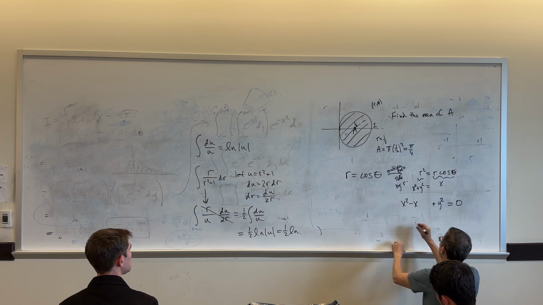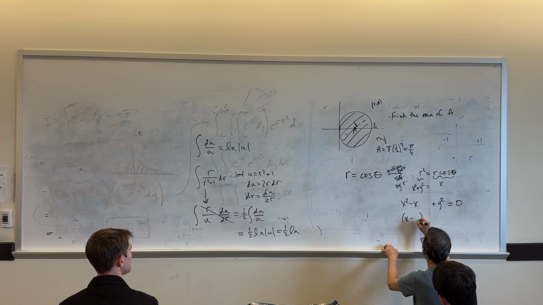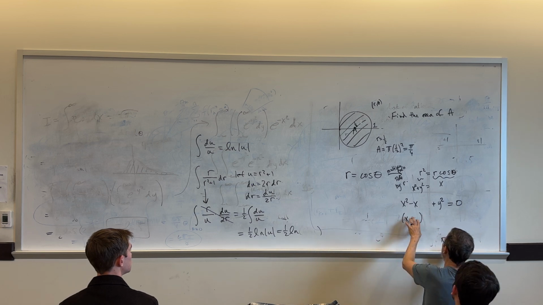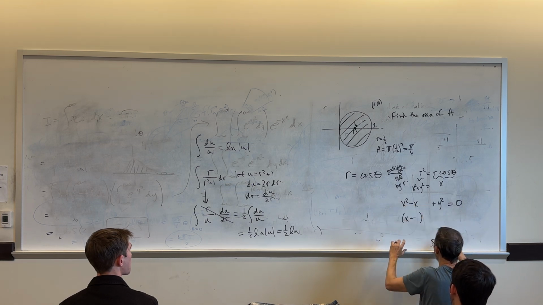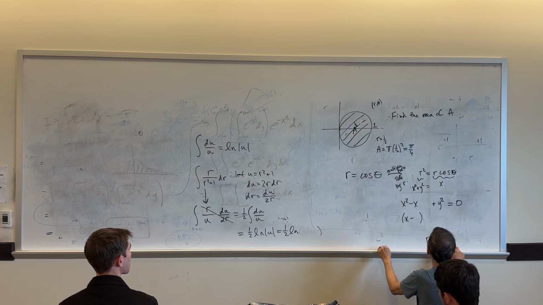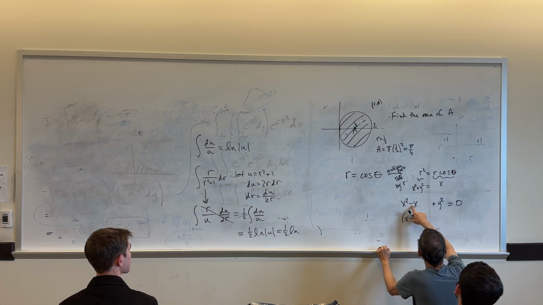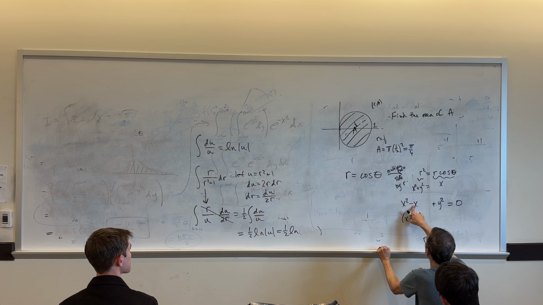I want to turn this into x minus something so that when you do FOIL on this, the outer and inner add up to negative 1x. So what you do is you take half this coefficient here, which is negative 1/2, and add that on as a square.